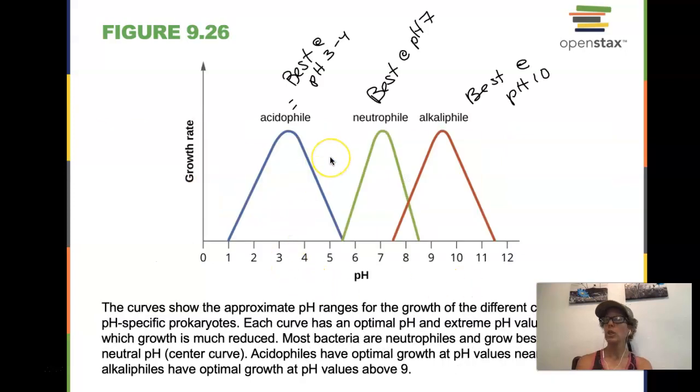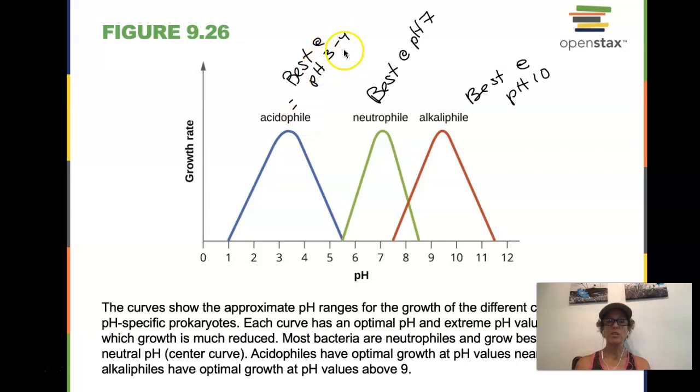We looked at the effect of pH on growth. These are the approximate pH ranges. We can have neutrophiles, neutral lovers, acidophiles that love acid, or alkalophiles that like an alkaline environment. The best pH is 7, but there is a range of growth for neutrophiles.